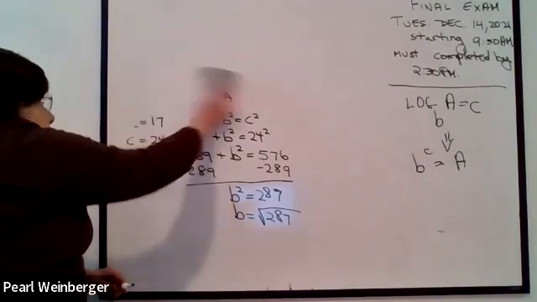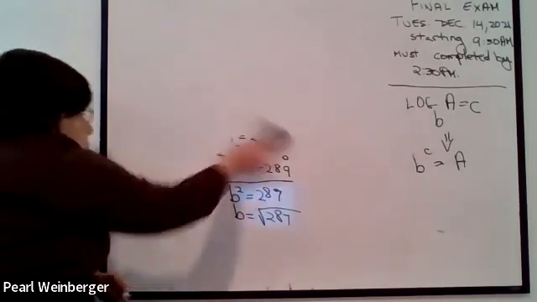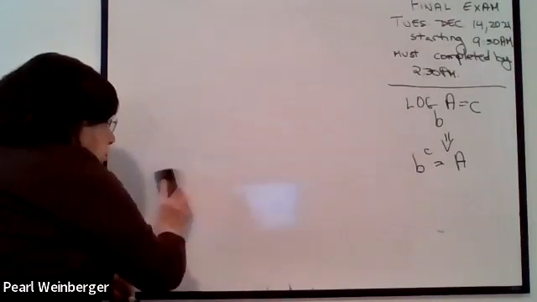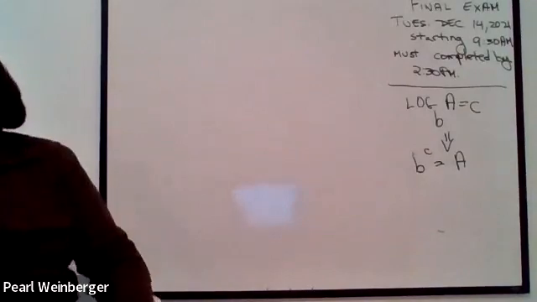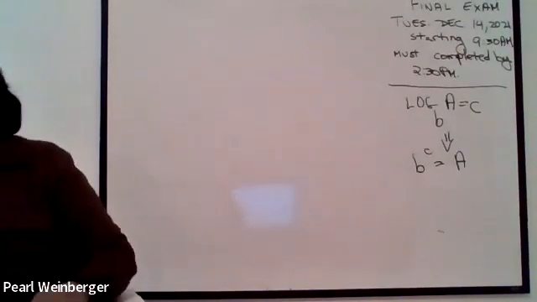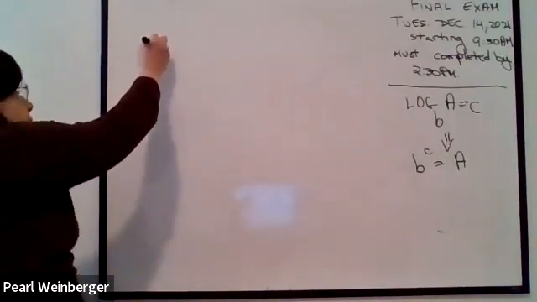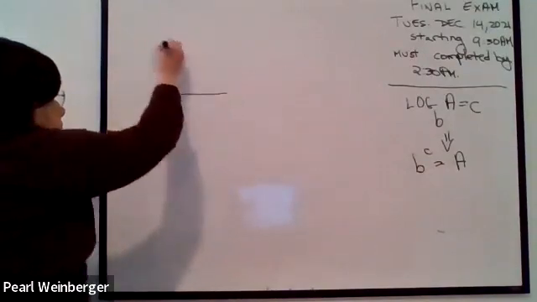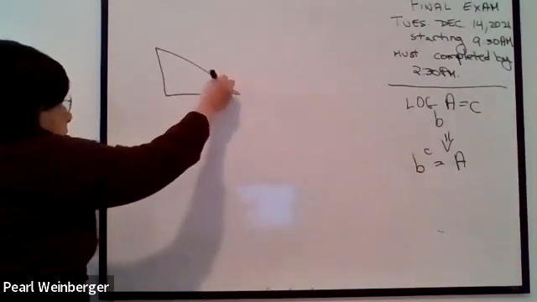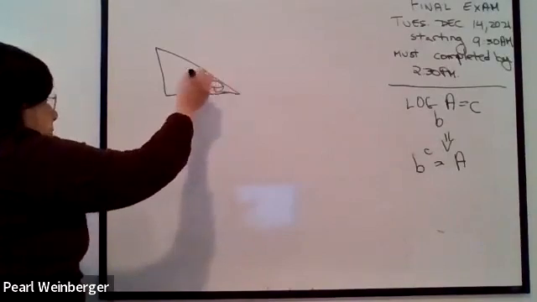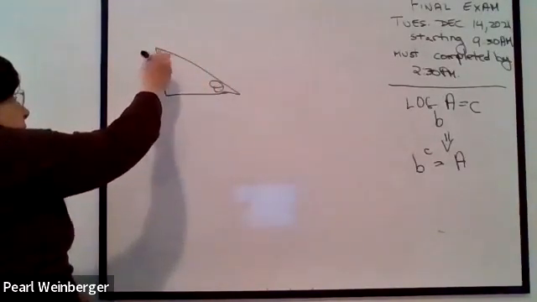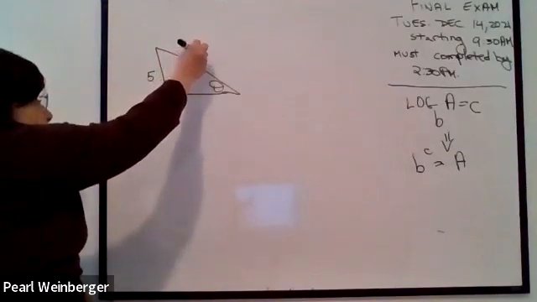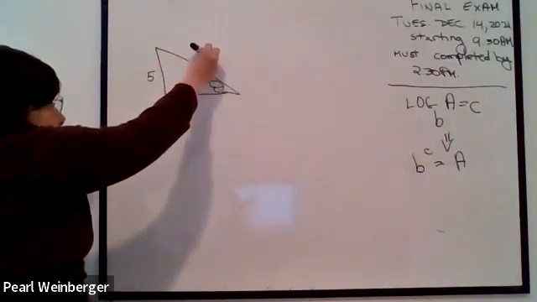What about trigonometry? Well, what if I gave you a question like this? We give you a picture of a triangle. Again, a right triangle. Let's call this angle theta. Let's say this side is 5 and this is 22.